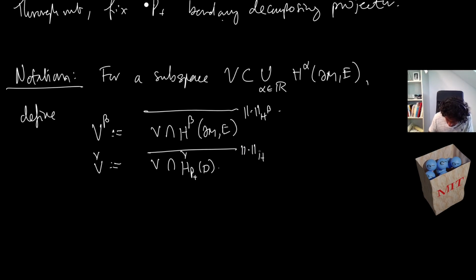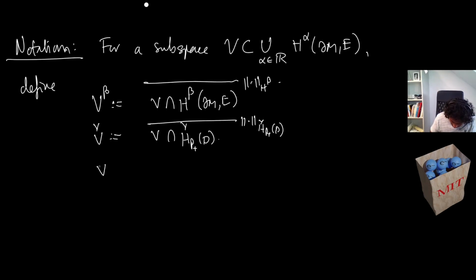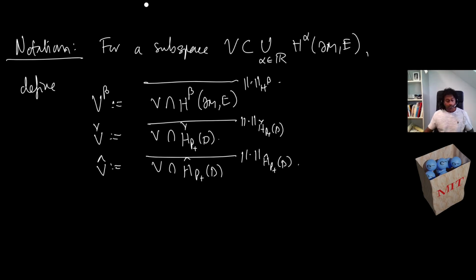So this is with the H check, P plus of D. And the hat space, of course, now requires the P plus. So this is the closure of P plus of D with respect to the hat space. So these are the notations that we will fix.